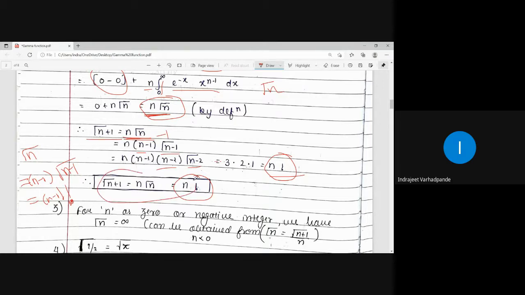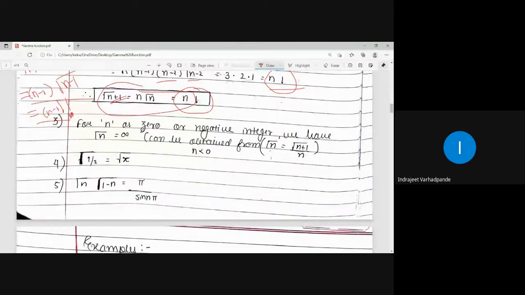Looking at this value, I can write it as a whole number n and then apply the rule accordingly and get to the answer. So this is our second property of the gamma function, that is, gamma n plus 1 is n gamma n or n factorial. In usual practice, we apply gamma n as n minus 1 factorial or n minus 1 into gamma n minus 1. For n as 0 or a negative integer, we have gamma n as infinity.